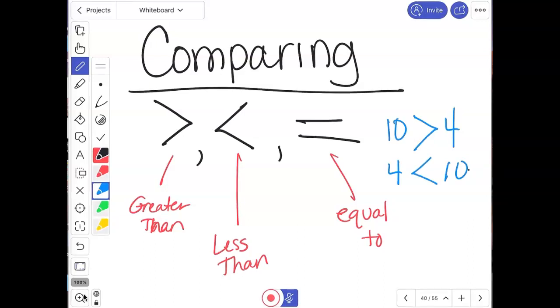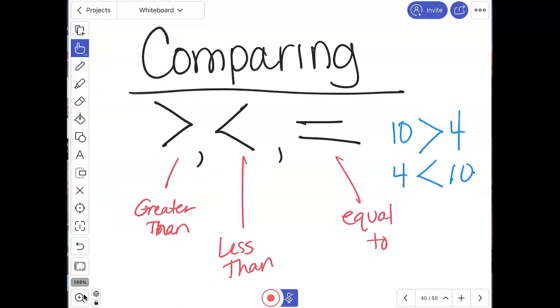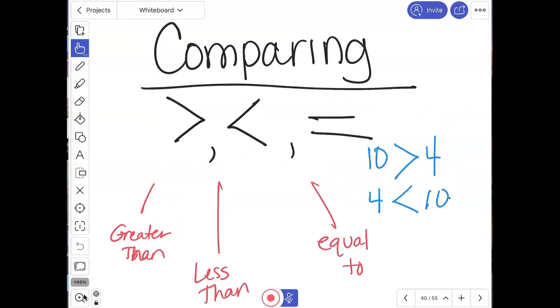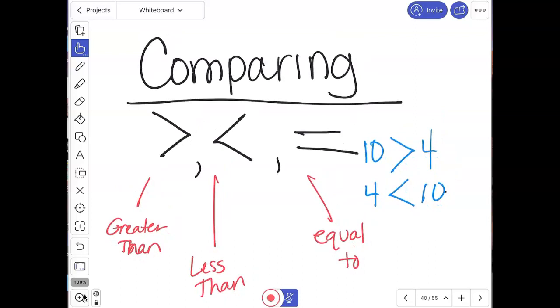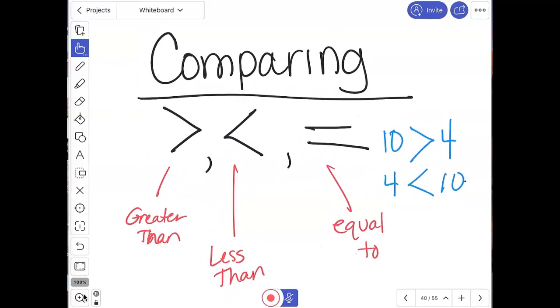We also did it earlier this year with larger numbers. So if you were in my class, we did much larger numbers.